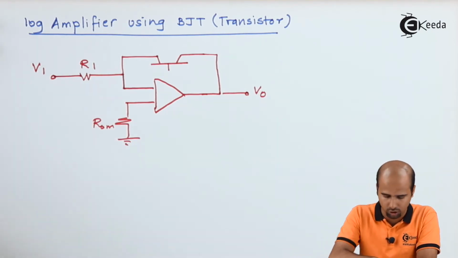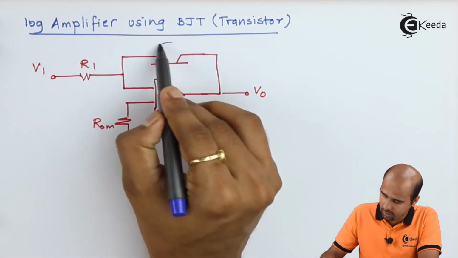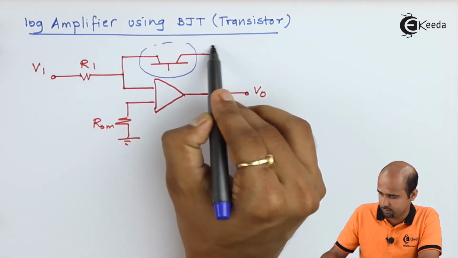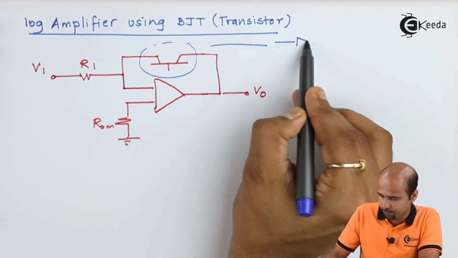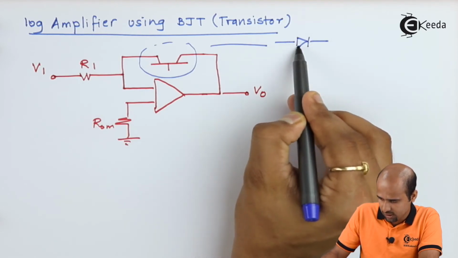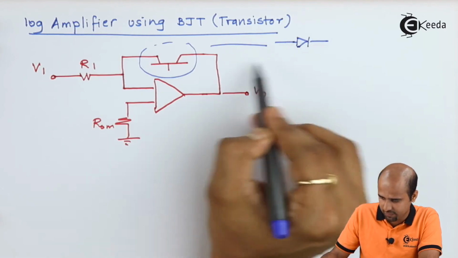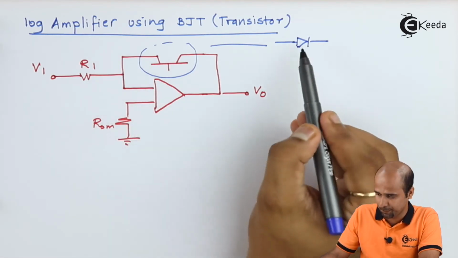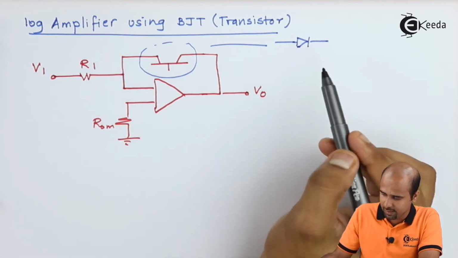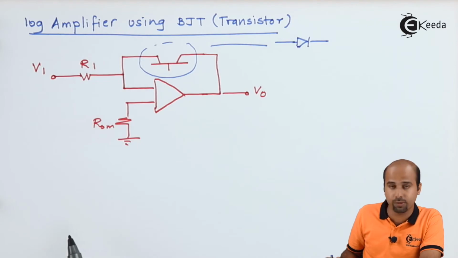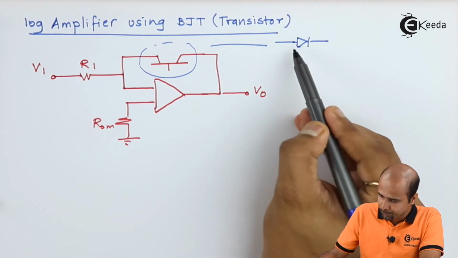First of all, I want this completely as a diode circuit, but because this diode is a discrete device, we are moving towards a transistor, to increase the stability and to reduce the area and the power consumption as well.